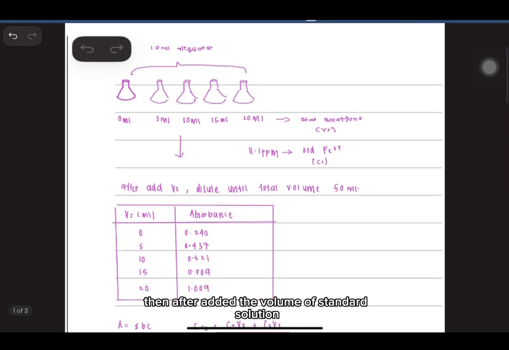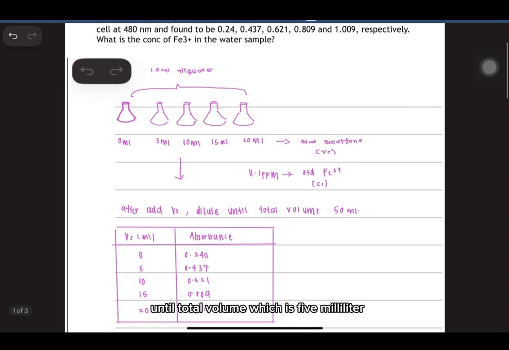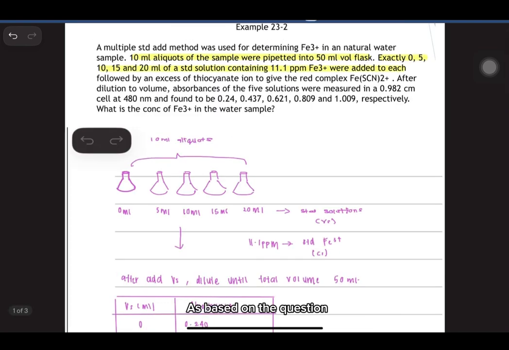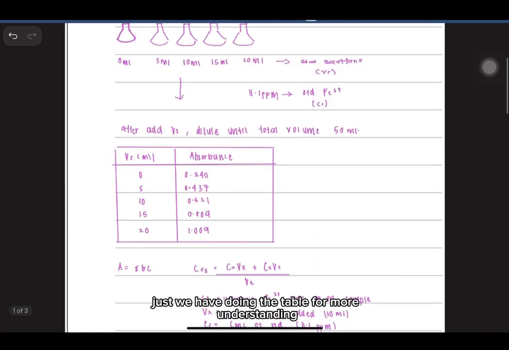After adding the volume of standard solution, we dilute it until the total volume, which is 50 ml, based on the equation. We have made a table for more understanding, which is for volume standard 0, absorbance 0.240, and so on.